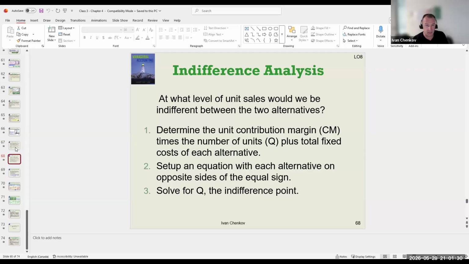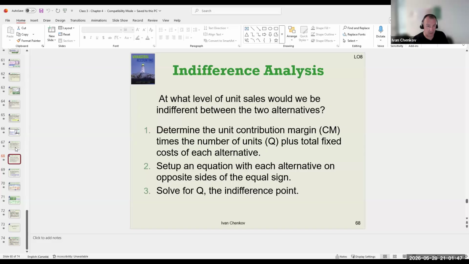So in the indifference analysis, what you have to do is determine the unit contribution margin times the number of units of sales, plus the total fixed cost of each alternative. So you have a few things.